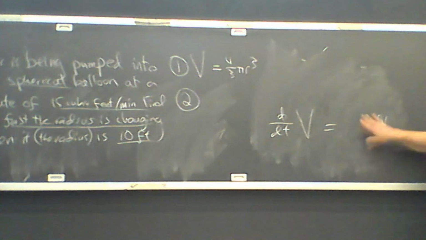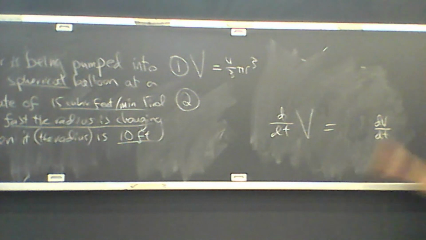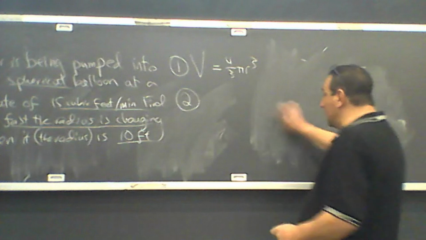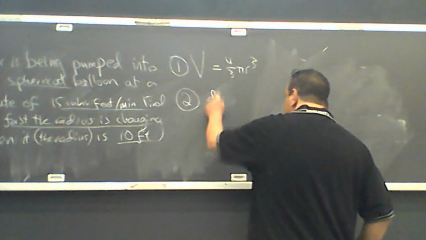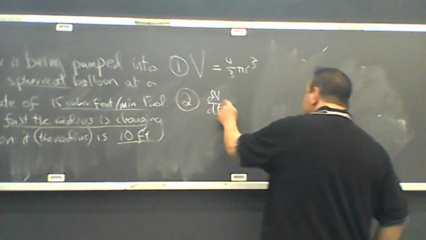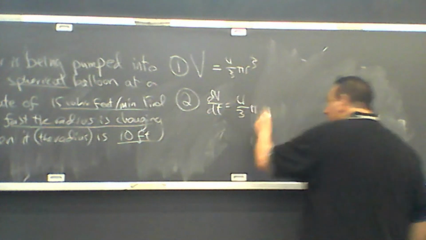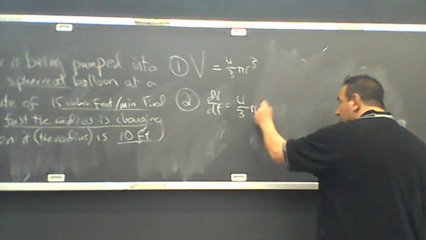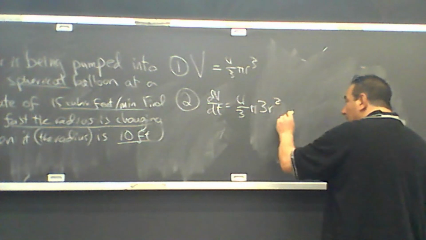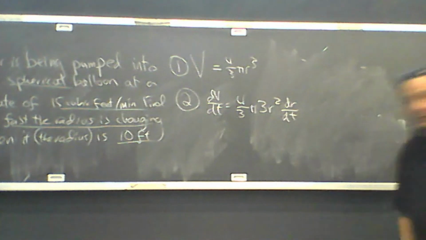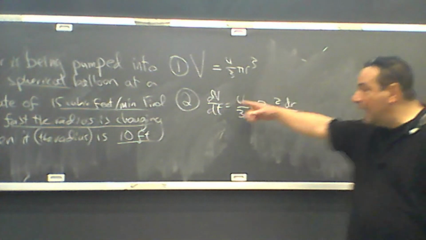So the derivative with respect to time of V is just dV/dt. Clear? Okay, good. So the left-hand side becomes dV/dt. The right-hand side becomes 4/3 pi, and I just did this, 3r squared dr/dt.